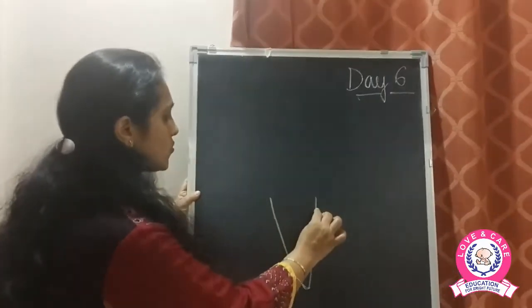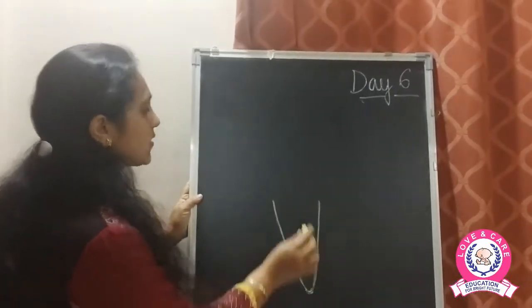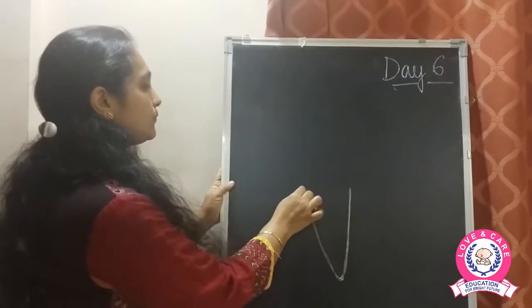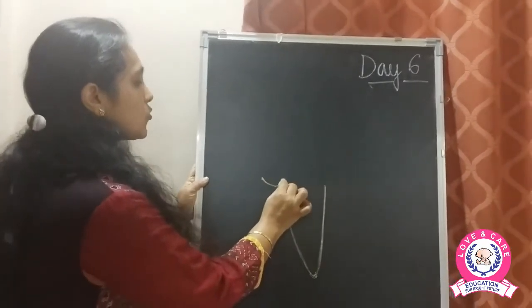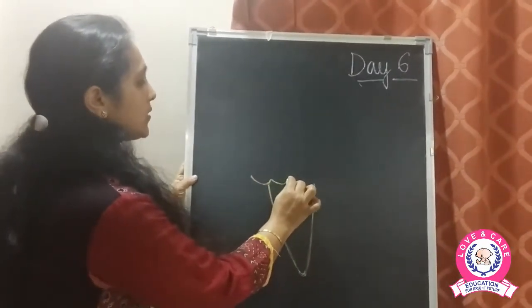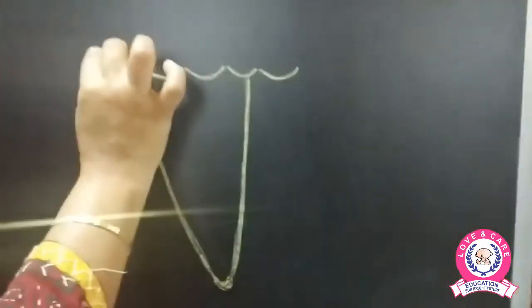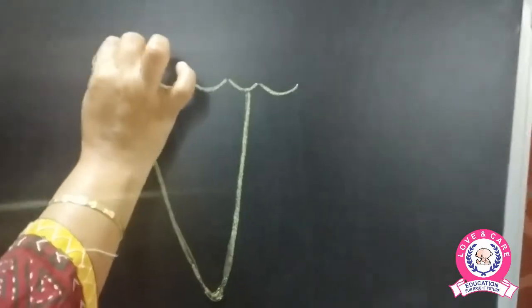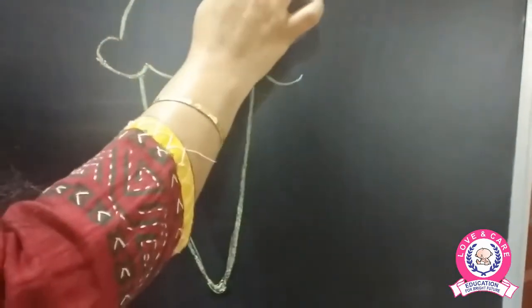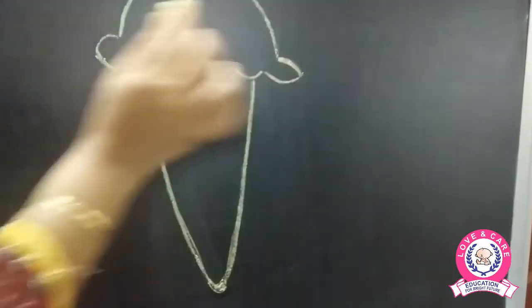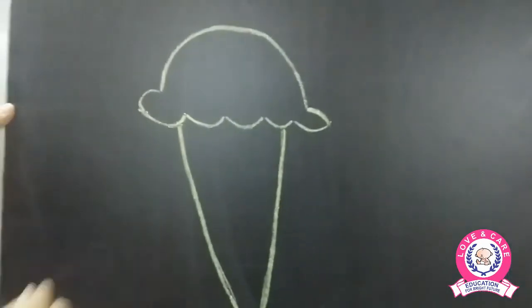So first you have to just make a V shape like this. Then from here you have to make the bumpy lines like this, and then from here you join it making a half circle. So this is an ice cream.